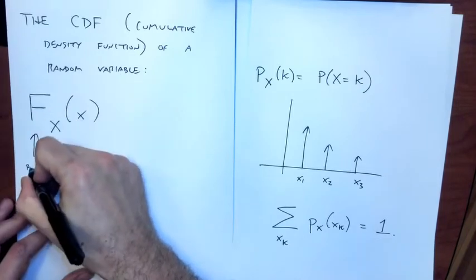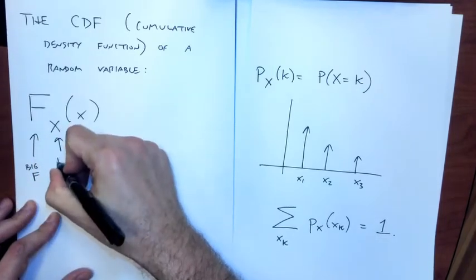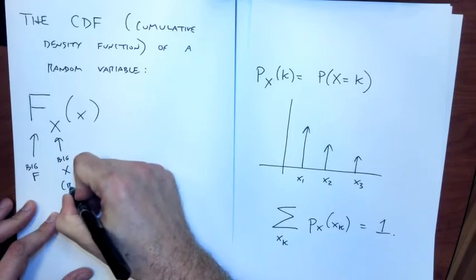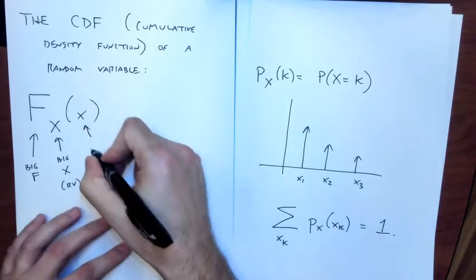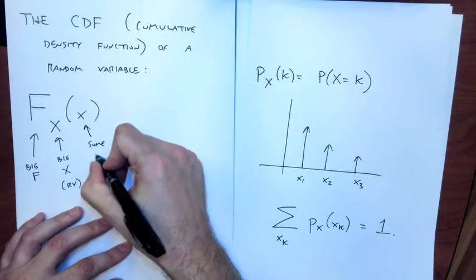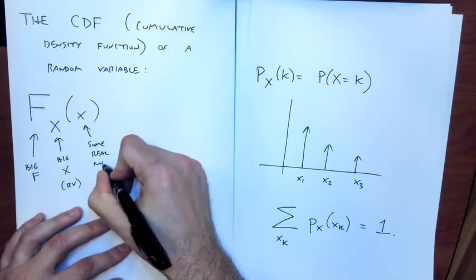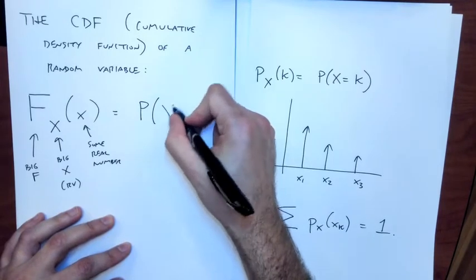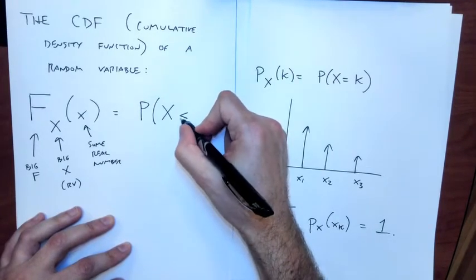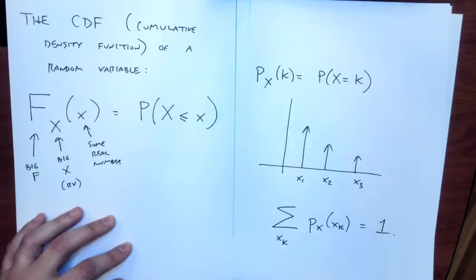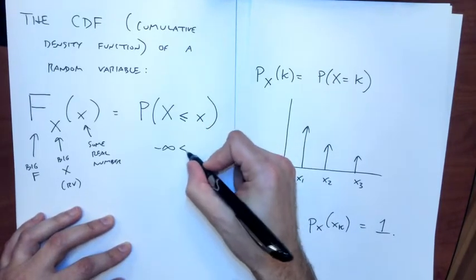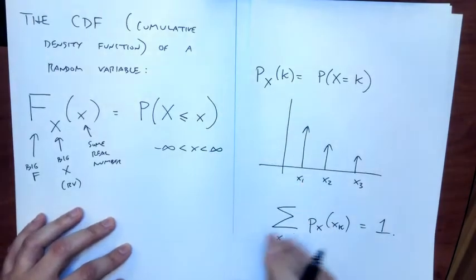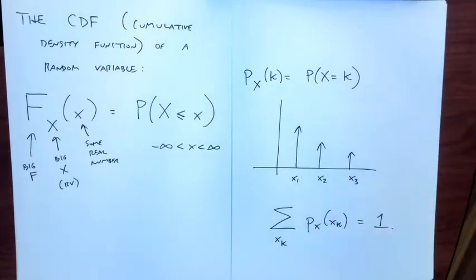So this is big F, big X, and the big X stands for the random variable, and then the little x is basically some real number. And that's defined as the probability that this random variable, big X, is less than or equal to little x for any value of x. Right? So what's the probability that the random variable is less than a certain value?